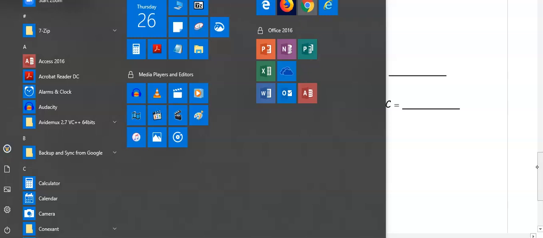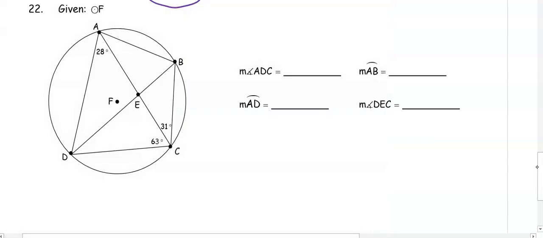Number 22, given circle F, we see that we have a couple of different angles. So we want to find these 4 missing things. First, I can use these angles that are given to us to label the arcs on the outside. If this is 31, we can double that to get that this arc is 62 from A to B. The angle 28 is intercepting this arc, so we can double that to get 56 degrees.